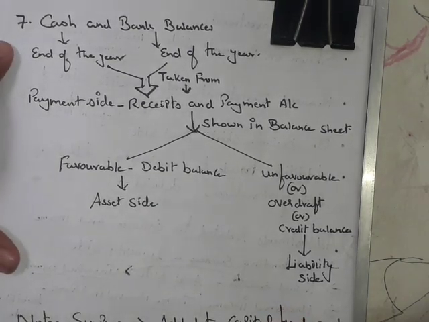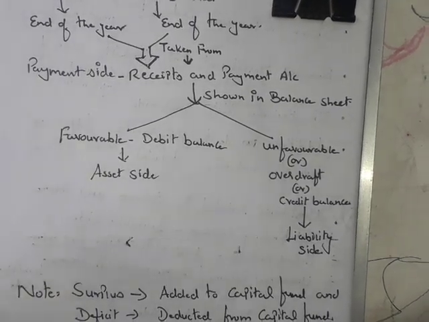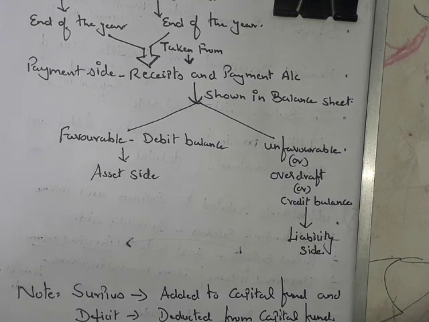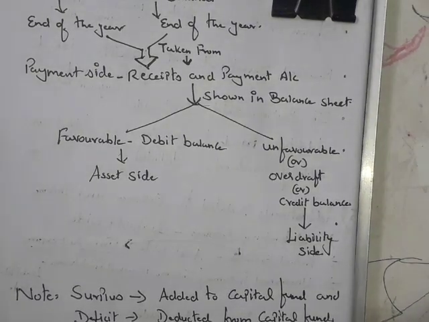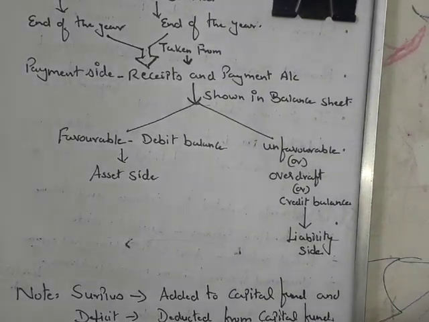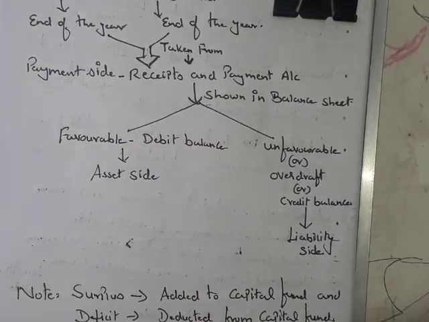Whereas if your cash and bank balance at the end of the year on the payment side of your receipts and payment account shows an unfavorable balance, that means an overdraft balance or a credit balance, which means your receipts are less and your payments are more, then it leads to an unfavorable balance.